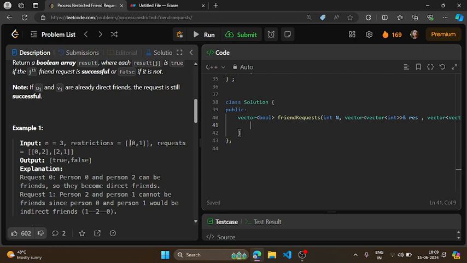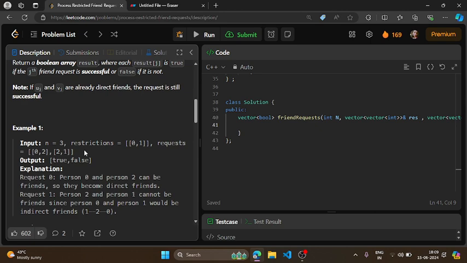Like, let's suppose in this example it is given in the restrictions that 0 and 1 cannot become friends. So while processing the requests, we have to make sure that we are not violating any restriction, like 0 should never be a friend of 1.